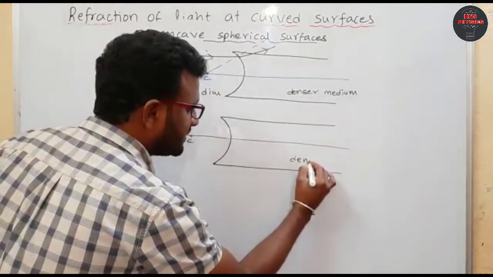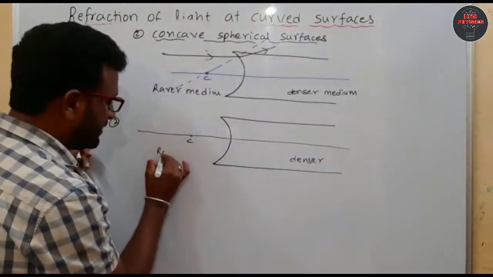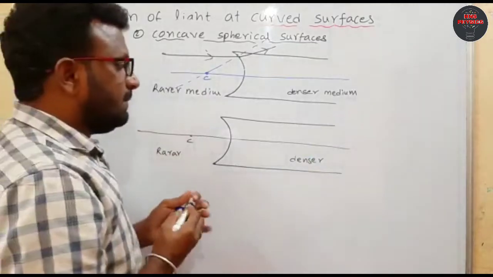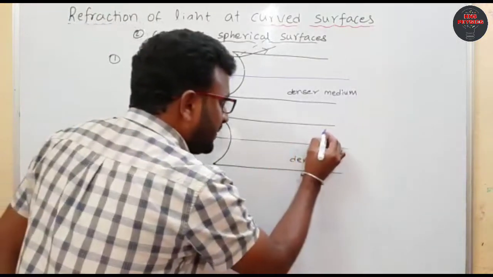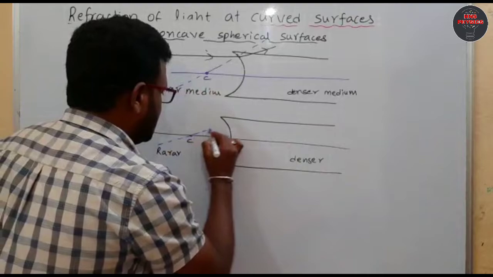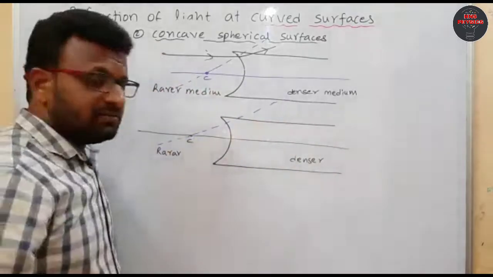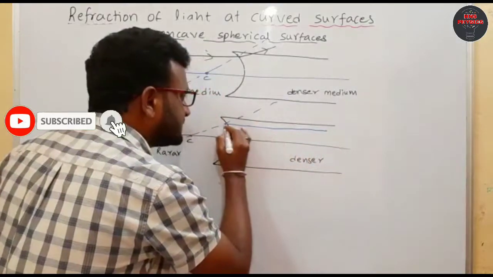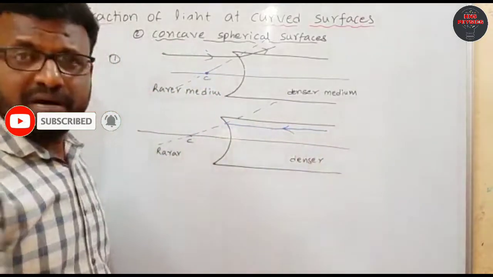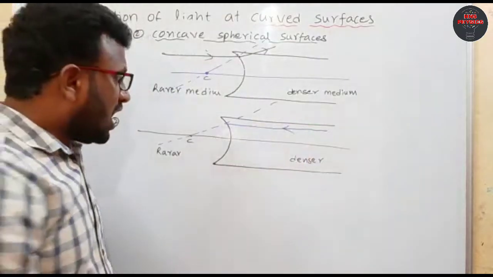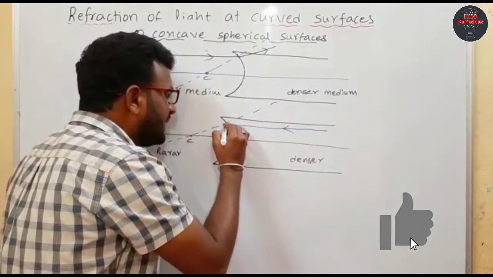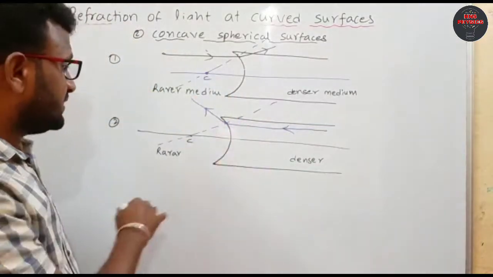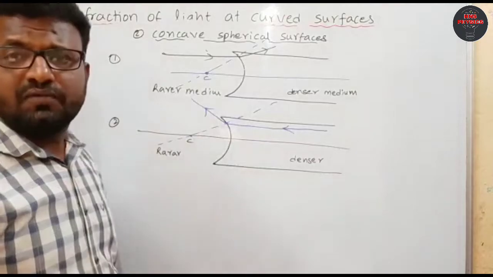Again this is the denser medium and this is the rarer medium. Now if you draw the normal line, when a ray of light is passing parallel to the principal axis, after the refraction the ray bends away from the normal. So this is the second rule of diagram.